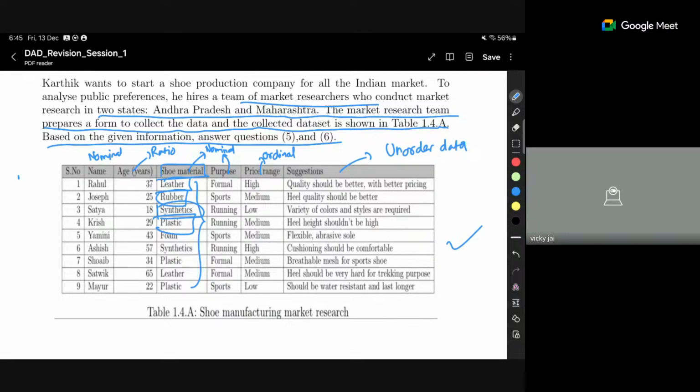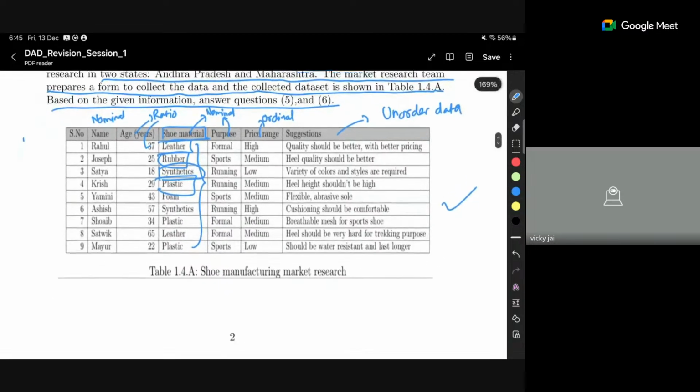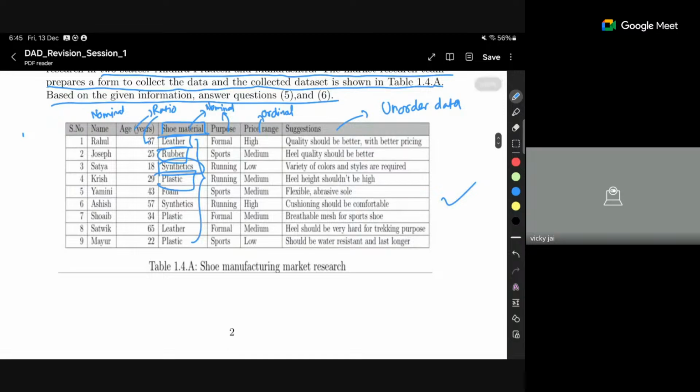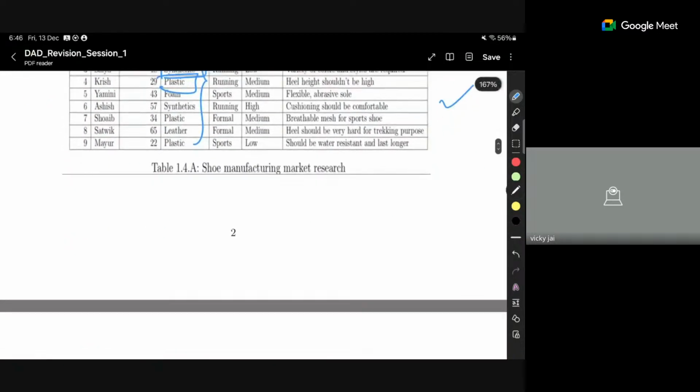In age also you know that integers will most likely appear, like 37, 25, 38, 99, 100, maybe a few more than 100. You know what kind of things to expect. So you can actually give a scale to these, but this is unordered data, so there is no scale available for this.